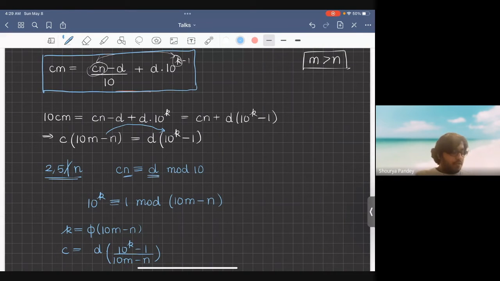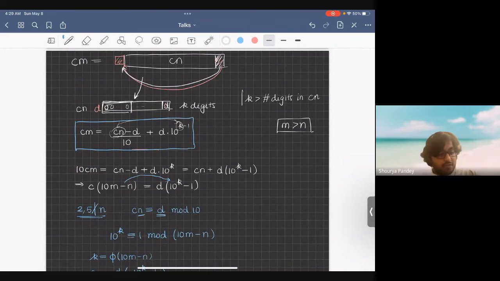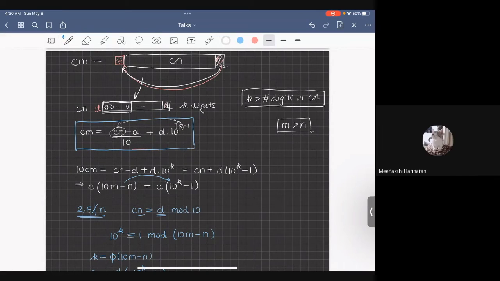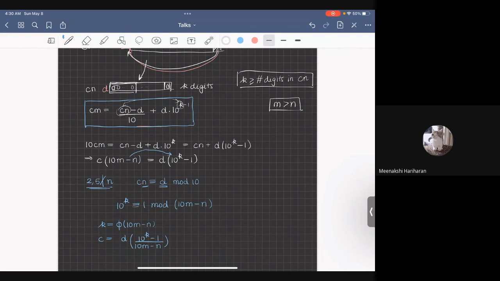But is this sufficient? Are we missing something? We still need to guarantee this, right? If 10 to the power k is 1 mod 10m minus n, then n's units digit has to be 9, right?